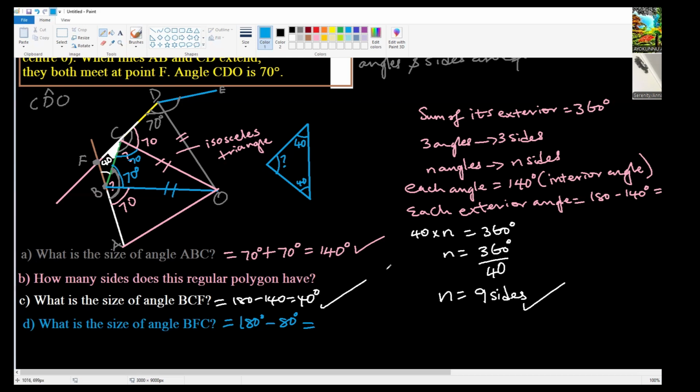Show your face. Tell me your answer. So 180 minus 80 is what? I'm waiting. 100. So that means the angle we're looking for is 100, okay? Is that clear?